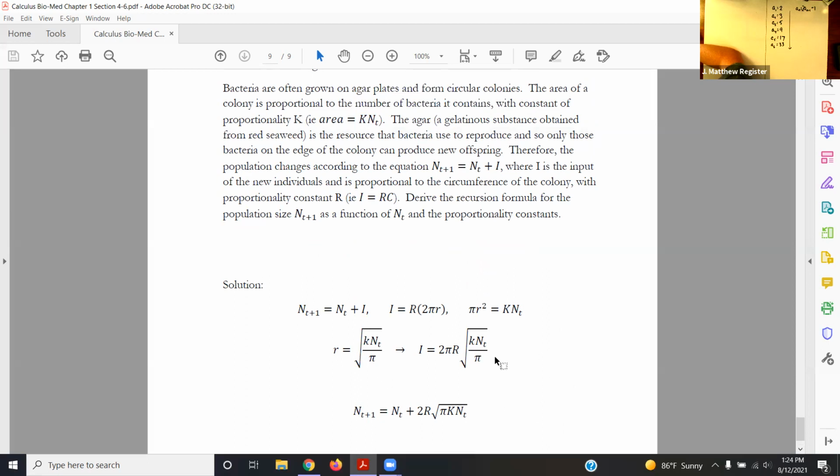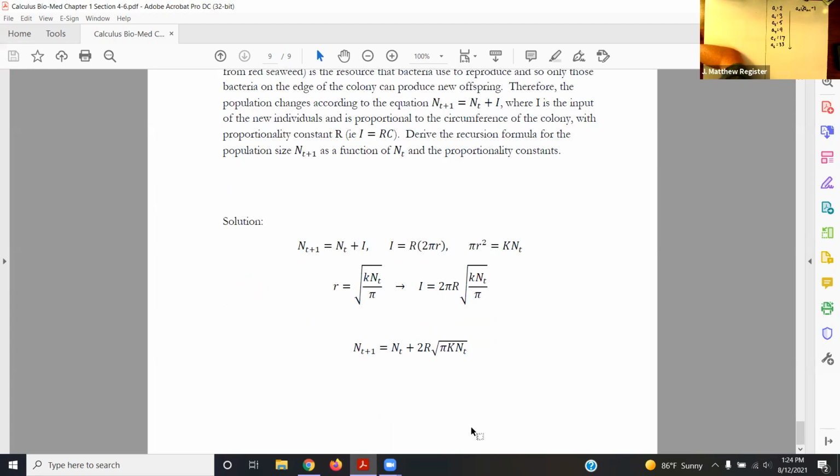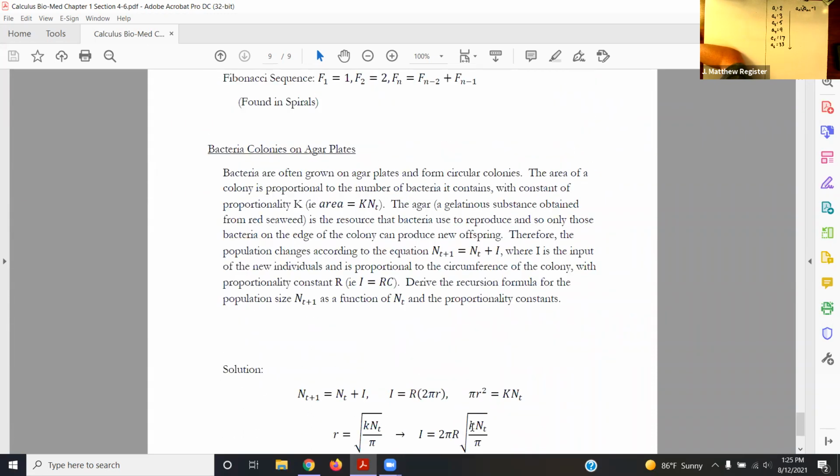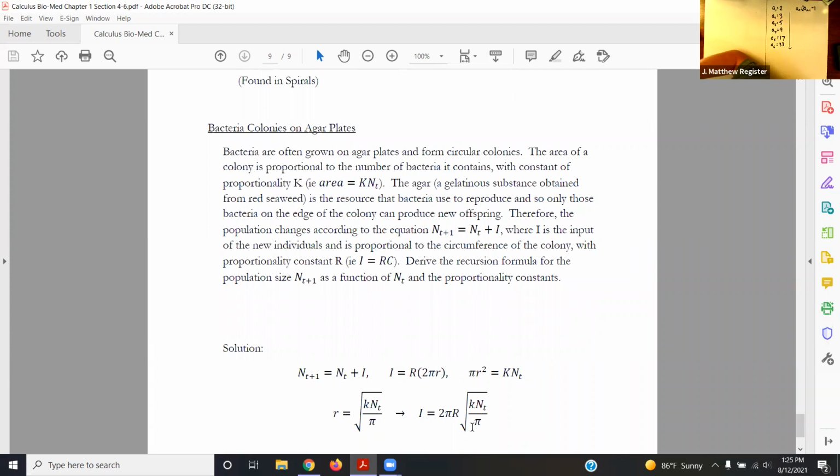And then we can just solve for things and plug them in. And so if we know that R is equal to the square root of K n sub t over pi, which comes from this formula here, then we can plug that in here to figure out what I is, and then we can plug that into this formula. That one is harder than what I would typically put on a test or anything like that, but it's one that's worth seeing because this is one of the first real applications which you can see related to this stuff.